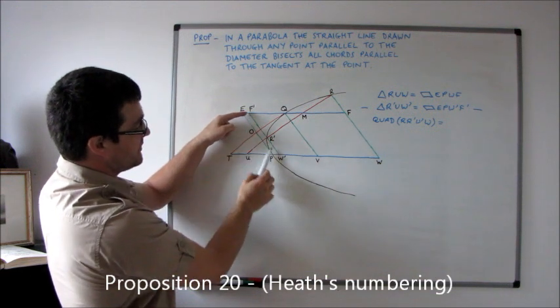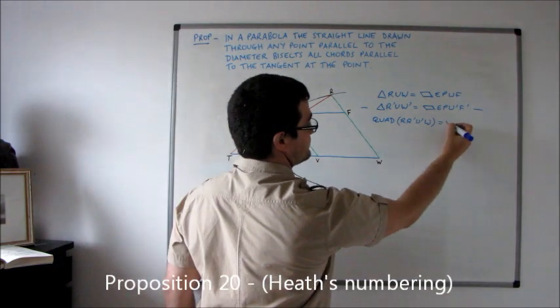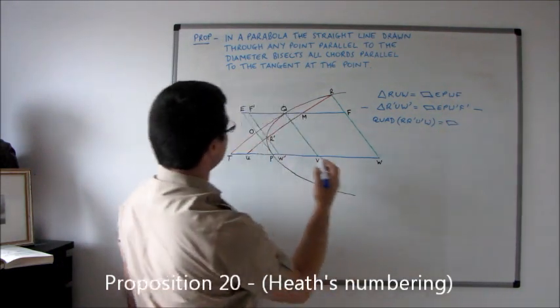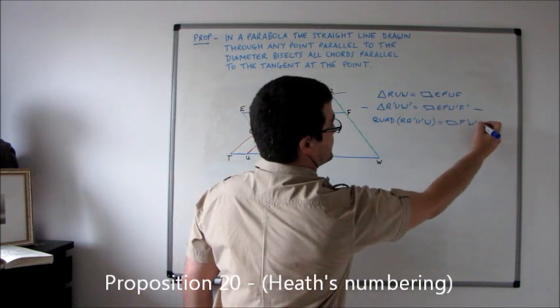That's going to leave me with the parallelogram F prime W prime WF. So F primed W primed WF.